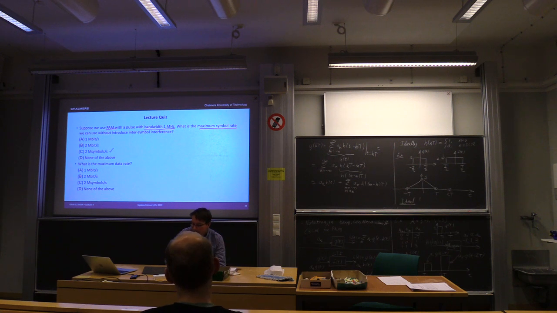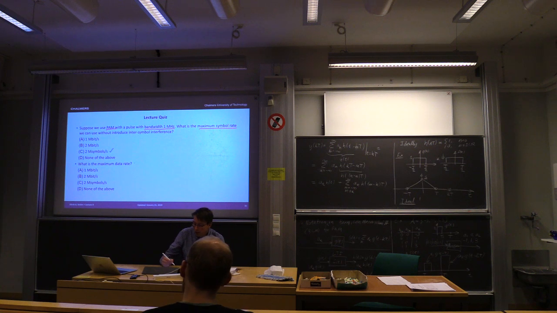Okay. So what is the maximum data rate? Here, I'll give you 10 more seconds. Is it 1 megabit per second, 2 megabit per second, 2 megasymbols per second, or none of the above?